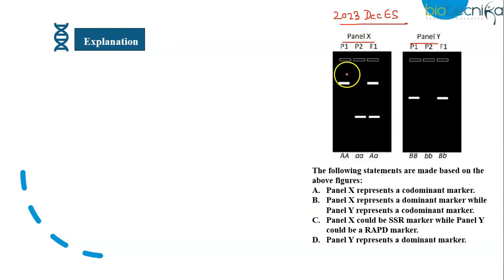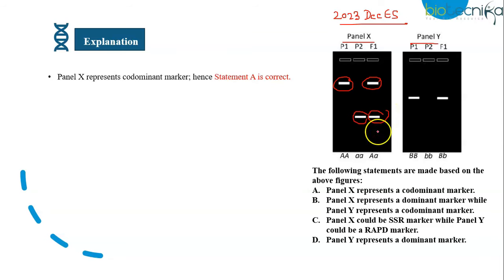So if we look at panel X, for the two parental lines, P1 and P2, we can see that they display one band each. And as we all know, progeny inherits the gene from parents only. So two bands similar to P1 and P2 are observed for the F1 progeny. So we can say that panel X represents a codominant marker and not a dominant marker.